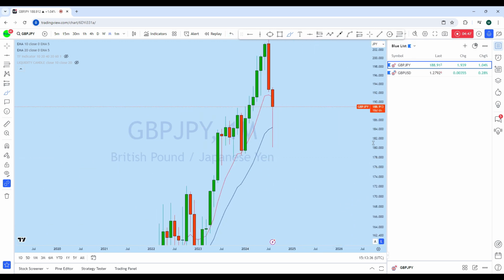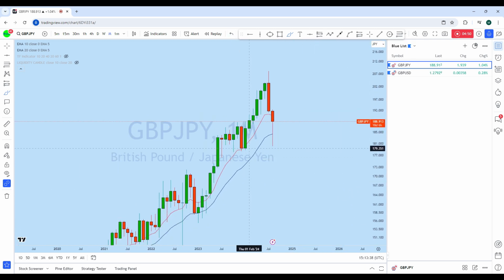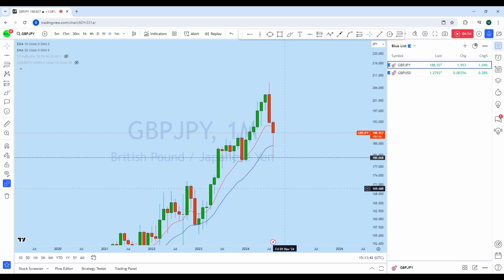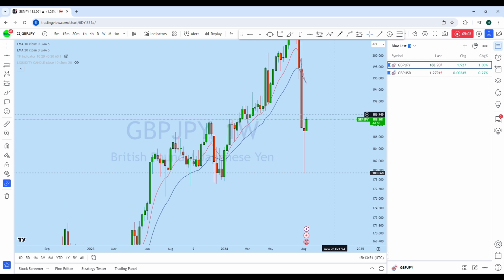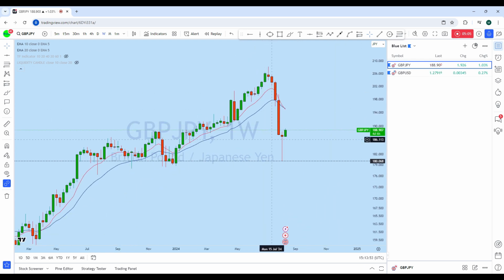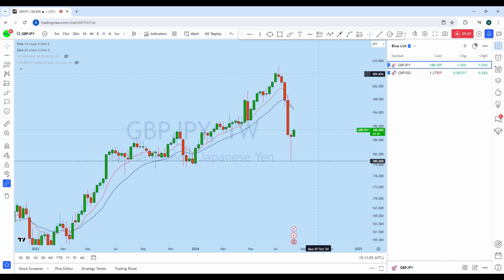Now with that pullback, the market is currently approaching this support level, which is quite significant, and from that support we can see there is a rejection towards the upside on GJ, expecting with the weekly perspective on GJ to reach the minimum Fibonacci level.